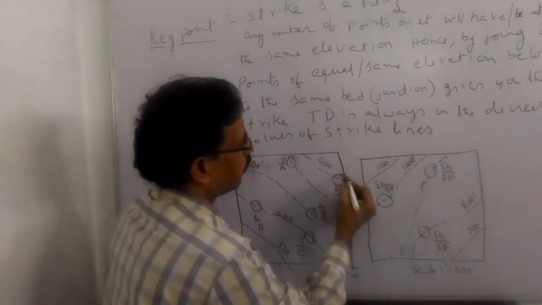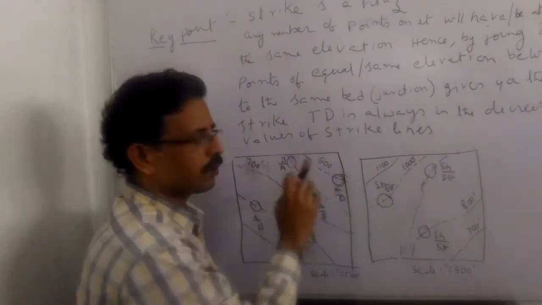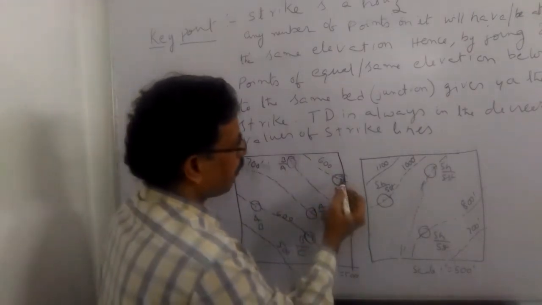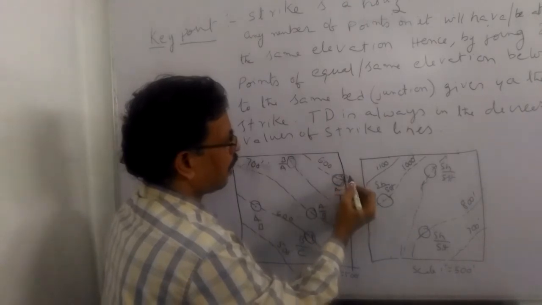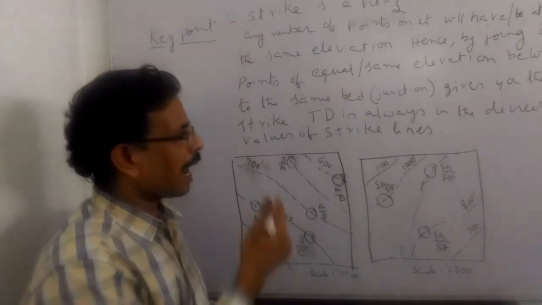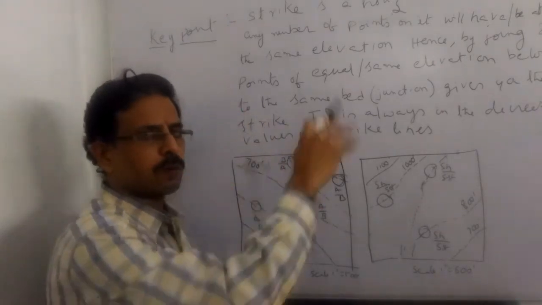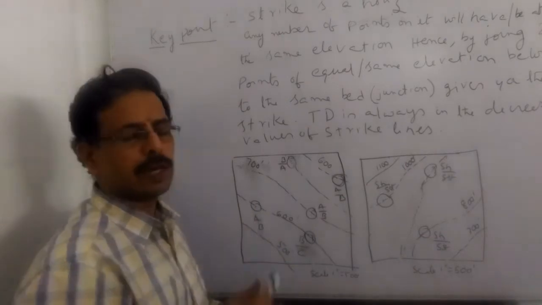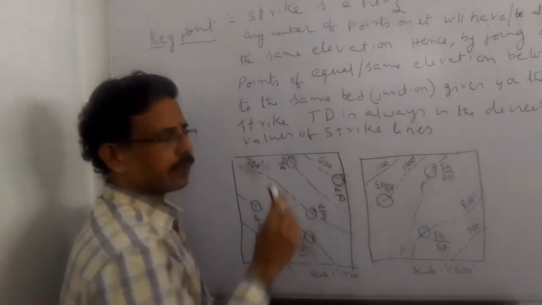The junction is also at 600, as it is cutting the 600 contour line. So the A by B junction at this point has 600 elevation. If I know one more point having the same elevation of A by B, then I will join both points and I will get the strike line of that A by B junction.